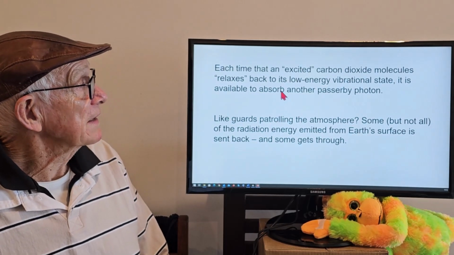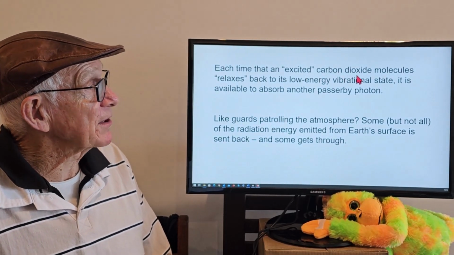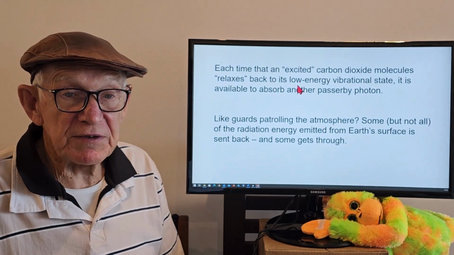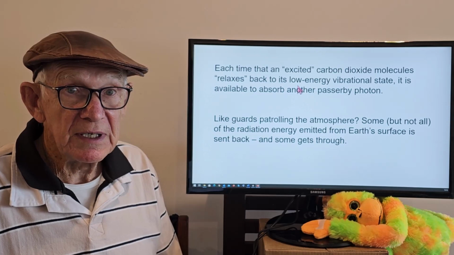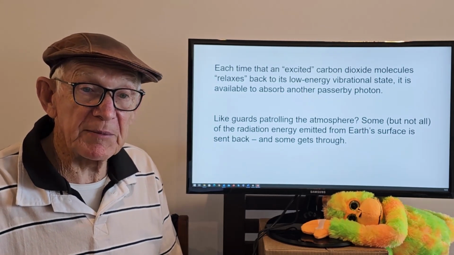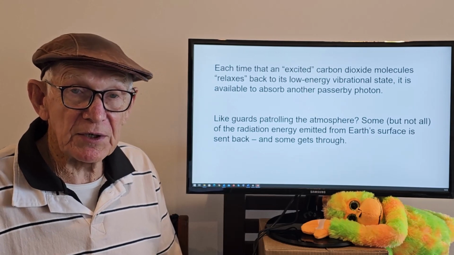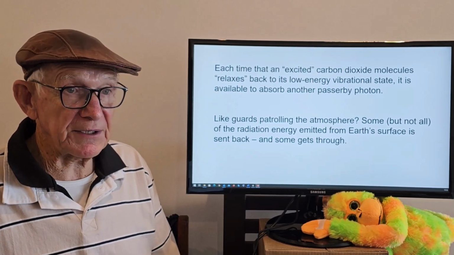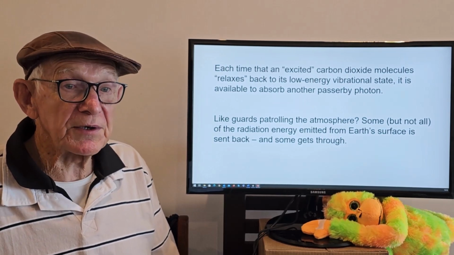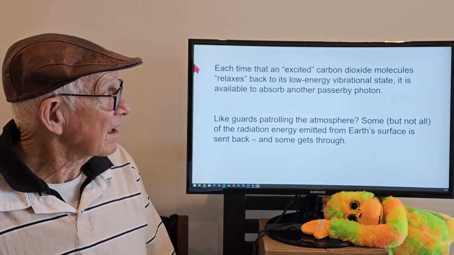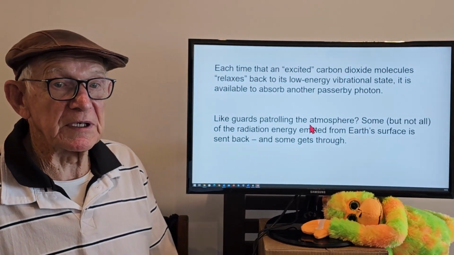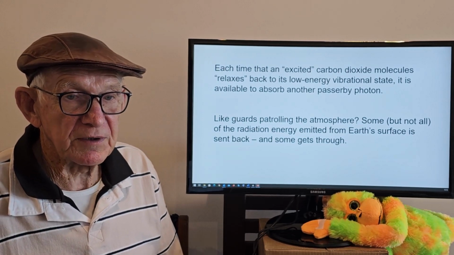Now, by the by, each time that an excited carbon dioxide molecule relaxes back to its low energy vibrational state, its normal condition, it's now ready to absorb another passerby photon that might be coming along. So carbon dioxide molecules are excited, relaxed, able to be excited again, capture another photon, and so the process goes on. I can picture them something like guards patrolling the atmosphere, watching out for these photons.